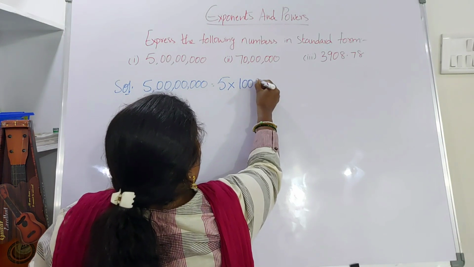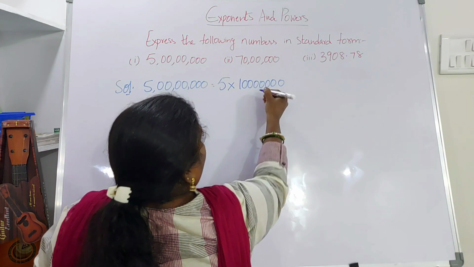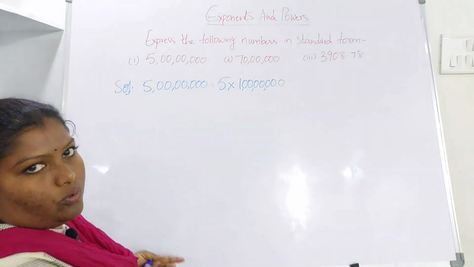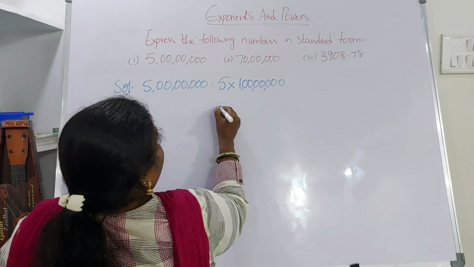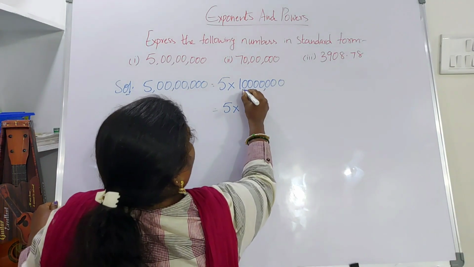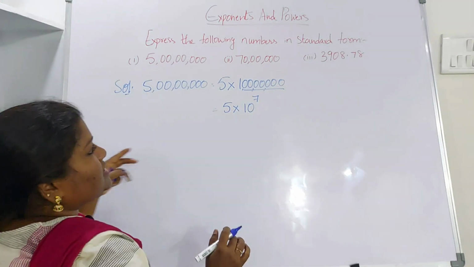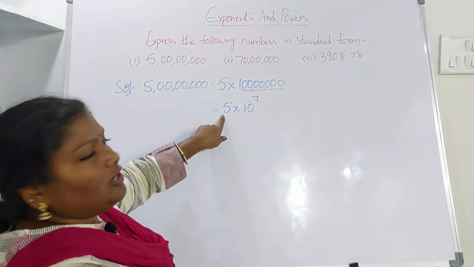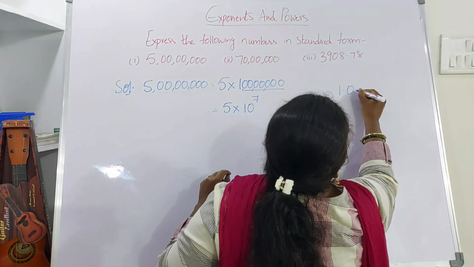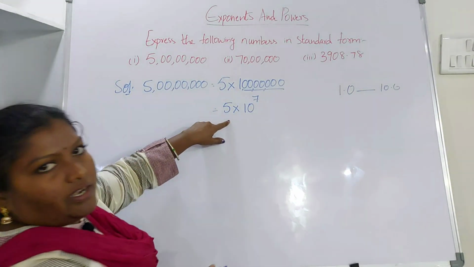So 1 followed by 7 zeros, that is nothing but 1 2 3 comma 1 2 comma 1, so it is 1 crore. So this can be written as 5 into 10 to the power of 7, as there are 7 zeros. So this is standard form, and do remember the value of 5 is between the range, that is 1.0 to 10.0. So 5 is in between, so this is the standard form of that.